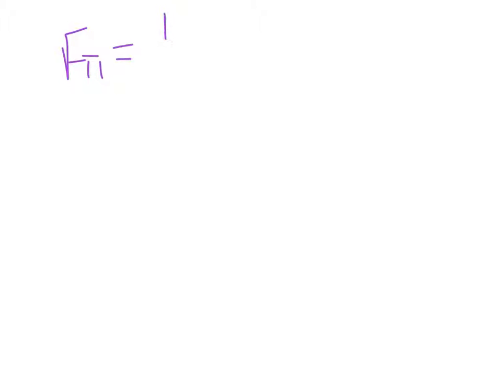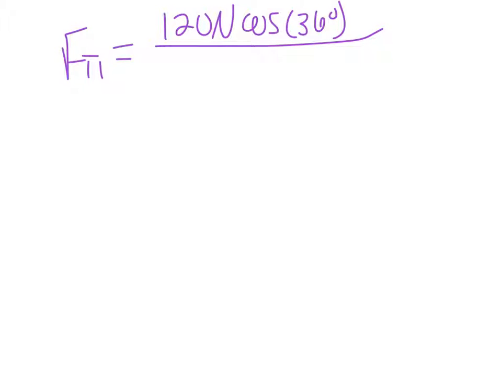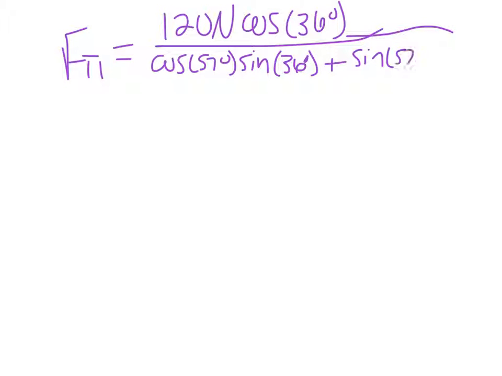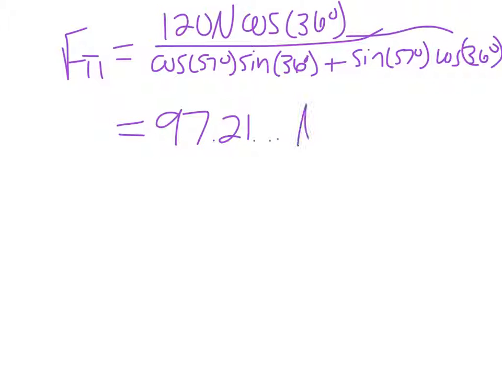Ft1 equals, I was given Fg 120 newtons, cosine 36 degrees, divided by cosine 57 degrees sine 36 degrees plus sine 57 degrees cosine 36 degrees. We get 97.21, keeps on going, newtons.